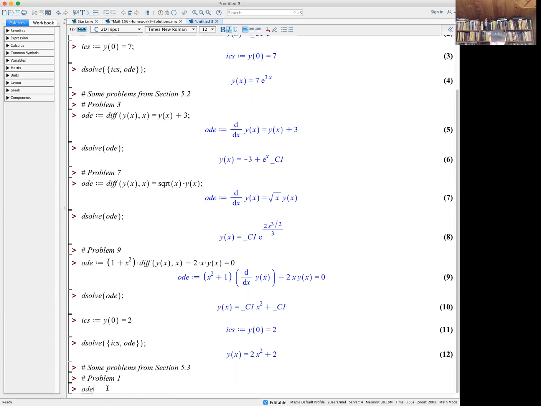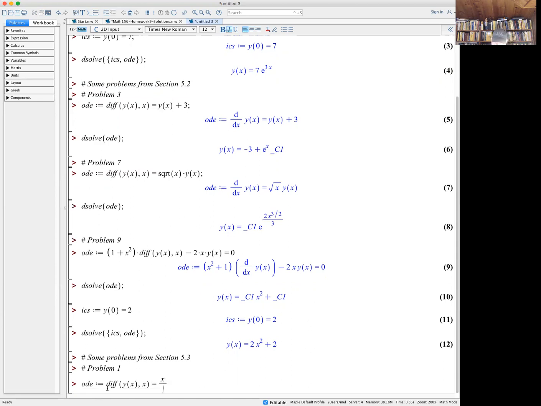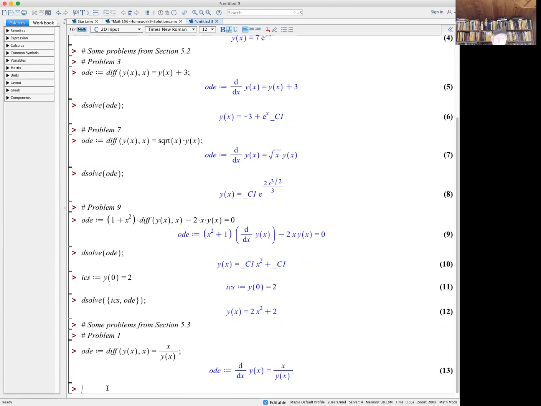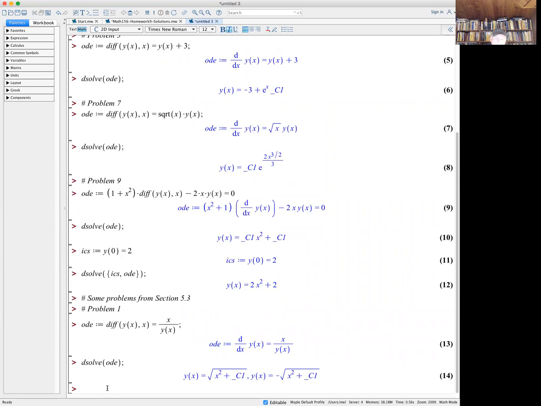So the ordinary differential equation is dy dx equals x divided by y of x. And dsolve that. And we get this answer. We get two answers. Plus or minus square root of x squared plus a constant.